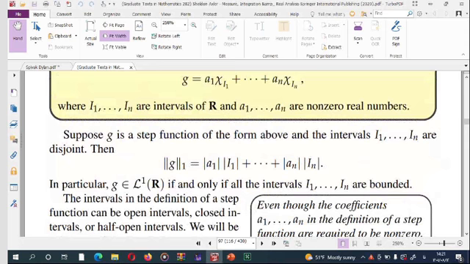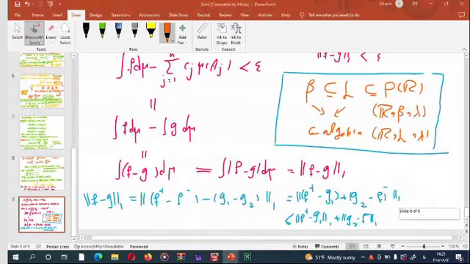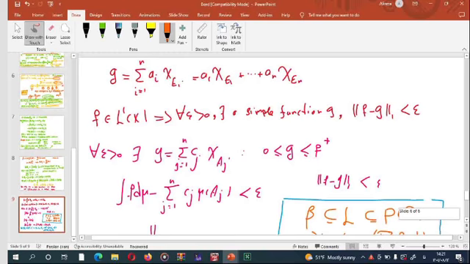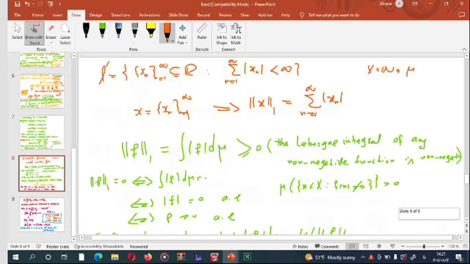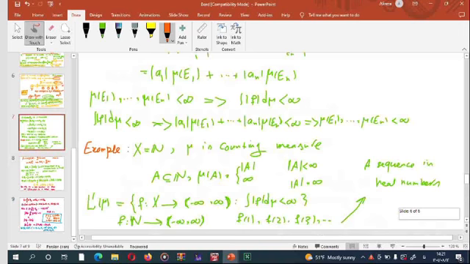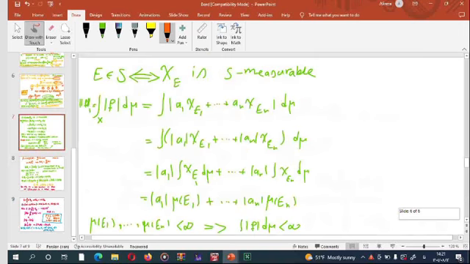Suppose g is a step function of the form above, and the intervals I1, I2, up to In are disjoint. Then the norm 1 of g equals this, and we saw this for arbitrary simple functions.